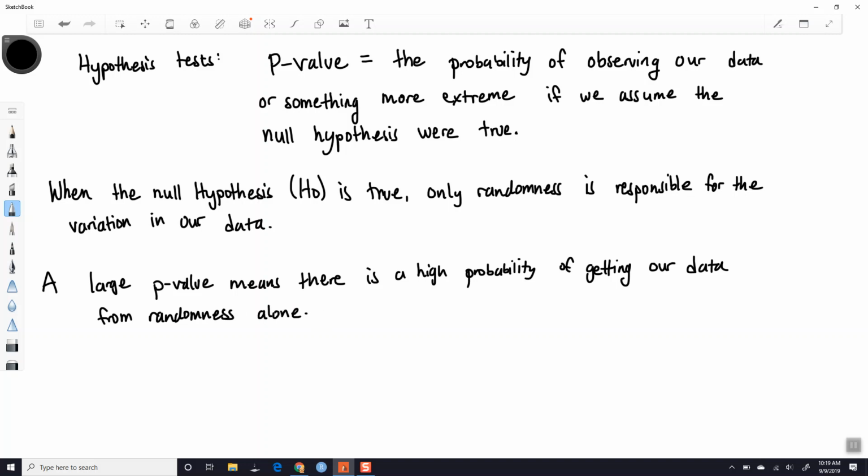This tells us that we have no reason to doubt the null hypothesis.